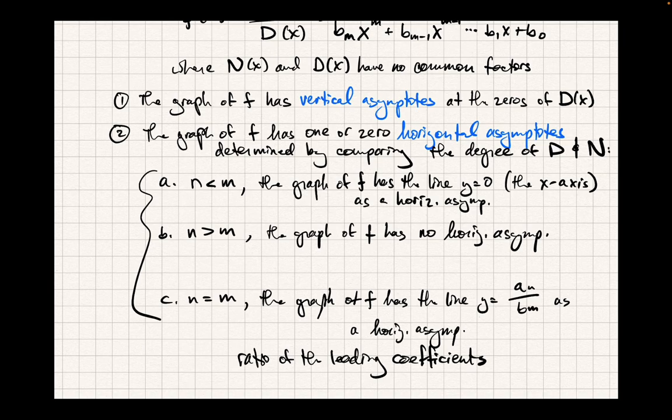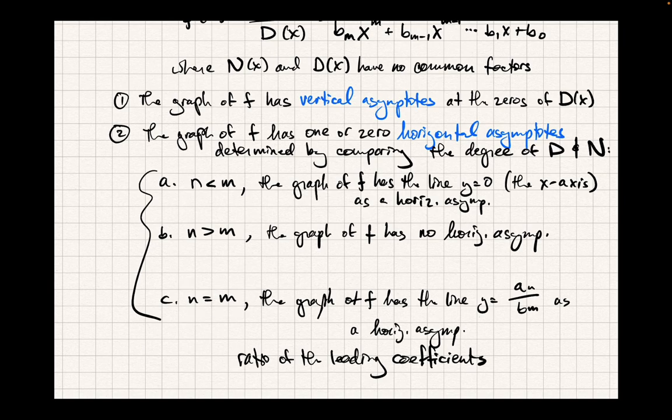Like what would be a scenario where you could use this y equals a sub n over b sub m? What's the case? What's the setup? When n equals m, what does that mean? They're the same number. No. Nope.